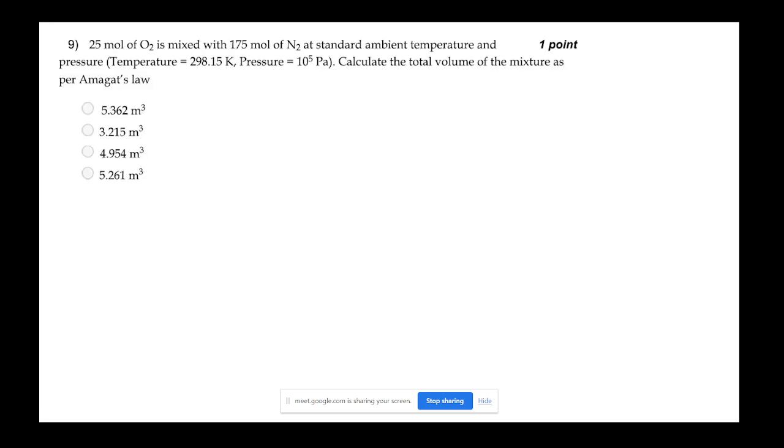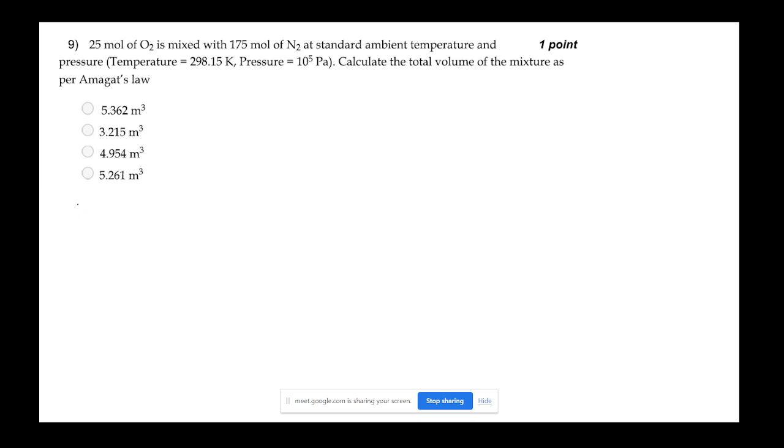Moving forward to the next question, you have 25 moles of O2 which is mixed with 175 moles of N2 at standard ambient temperature and pressure. Calculate the total volume of the mixture as per Amagat's law. So here you will apply two laws, like two formulas.